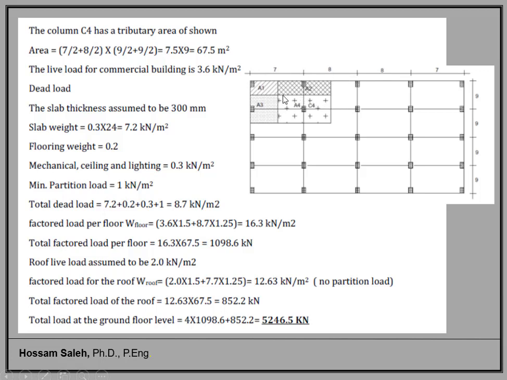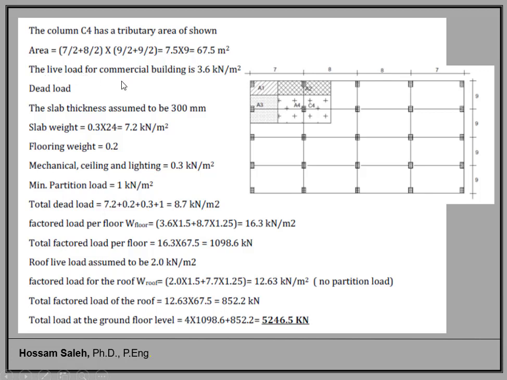So I have 3.5 plus 4, times this distance divided by 2, which will be 9 over 2, and this distance is also 9 meter, so I have 9 over 2. Now the total area which will be carried by this column will be 67.5 meters square.